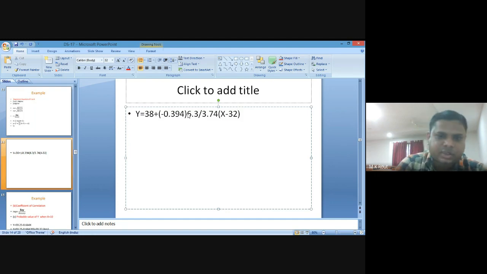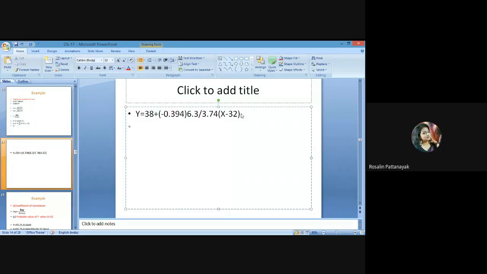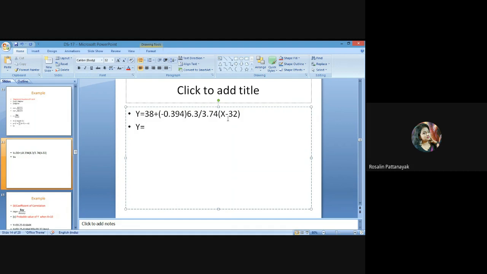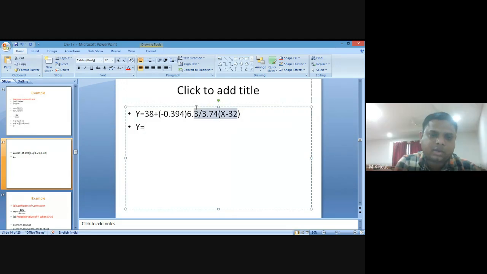So simplify this equation. Better you calculate on your own, or make the particular equations.